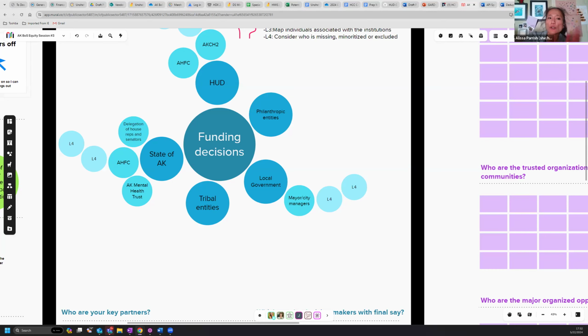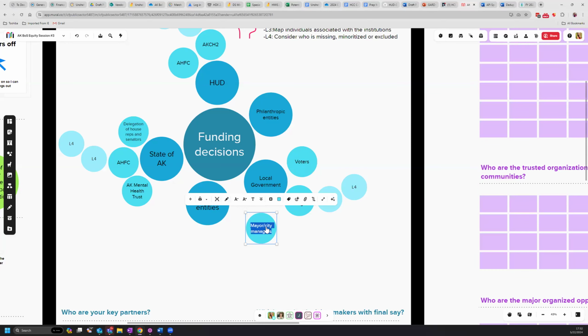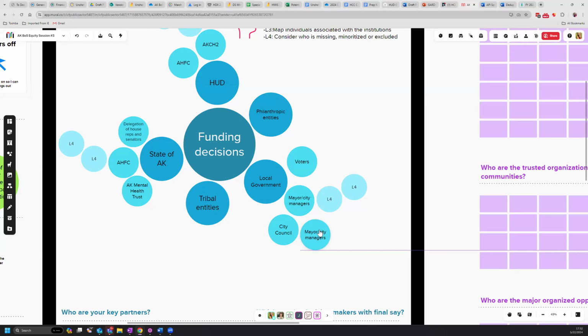So the voters do have influence over that then? I would imagine. That's ideally how it's supposed to run, right? We vote on these things and they're supposed to be implemented. Now we all know the truth behind that process, but for the sake of developing this power map, yes.